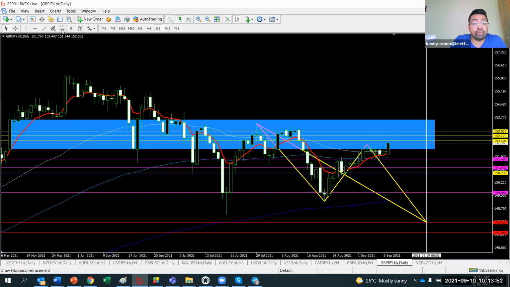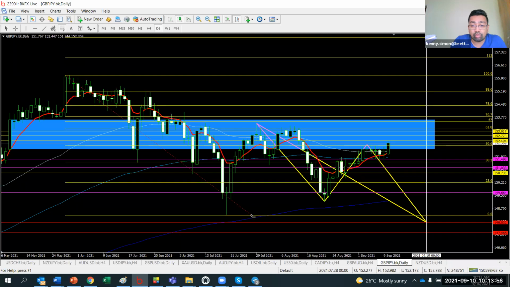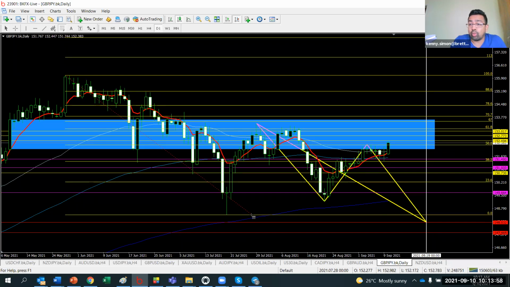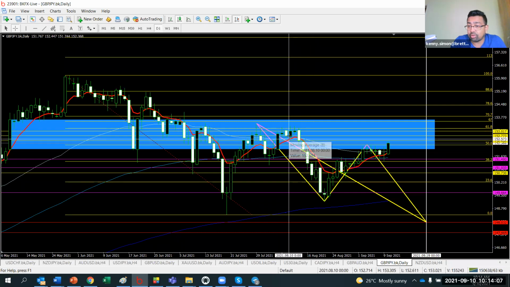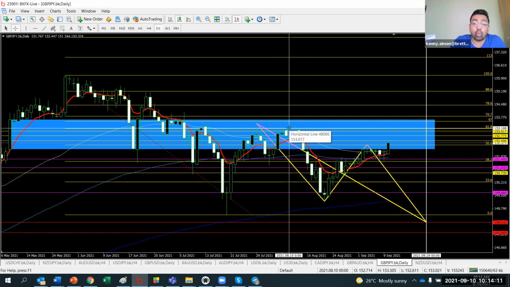If we use just Fibonacci based on this peak right here, we draw all the way down, then the yellow line will tell you where it could also reverse, and that is the 61.8 area right there, and that mirrors all this resistance area too. So it could also reverse at 153.20 area.